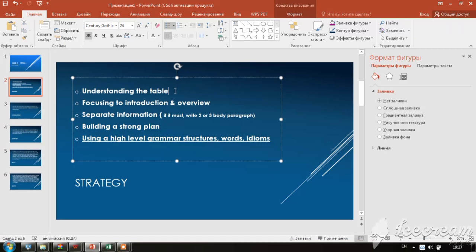While you're reading or looking at the table, you may be confused by some words, because they are advanced-level words and maybe you don't know them. So let's try our task.